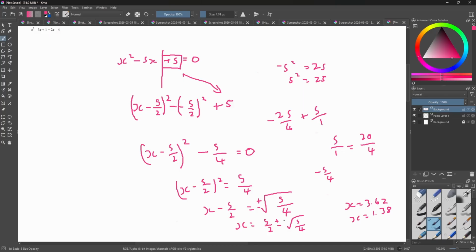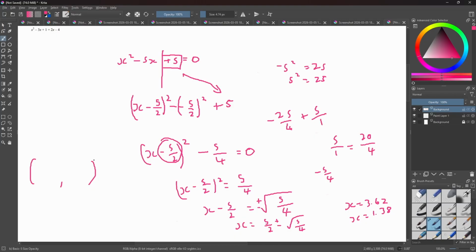Now, also in the completed square form, which is where this equals 0, we can work out the turning point of the quadratic graph, which, by the way, is called a parabola, just in case you wanted to know that. So to work out the coordinates of the turning point, we take this and change the sign.